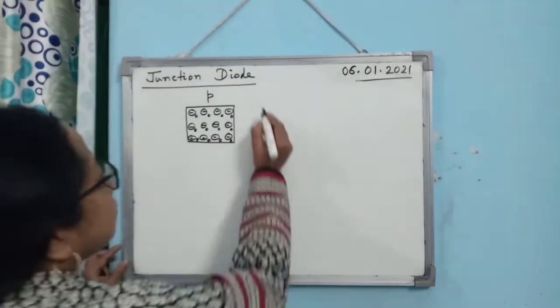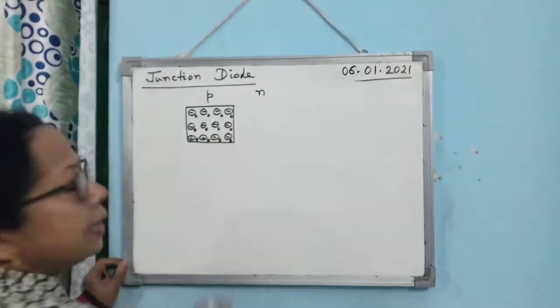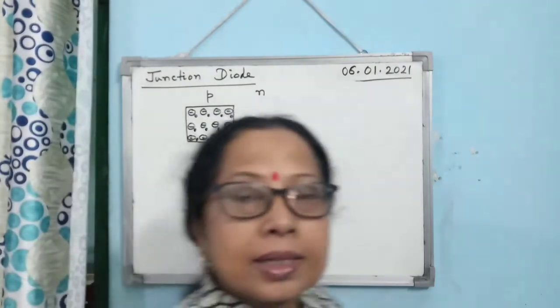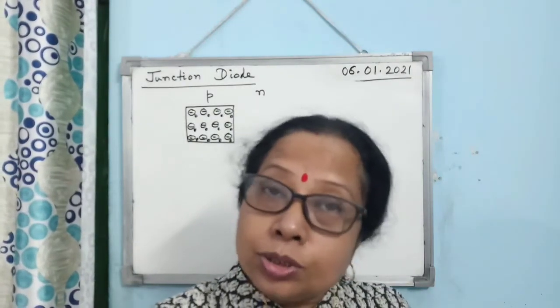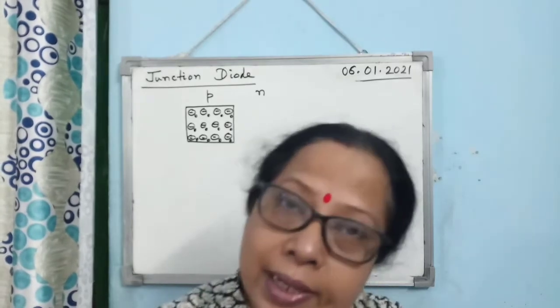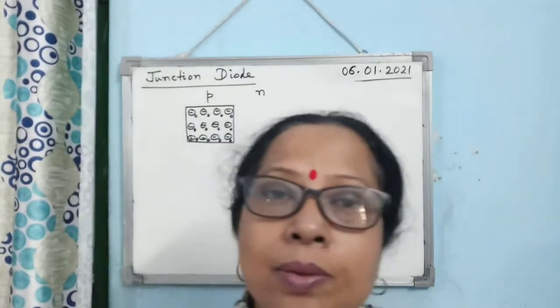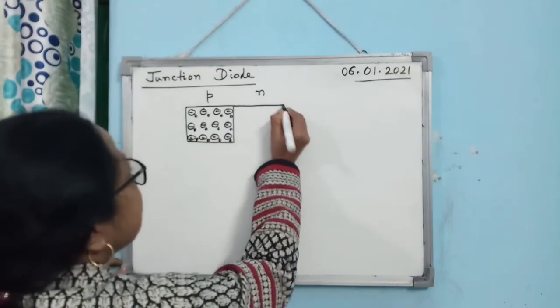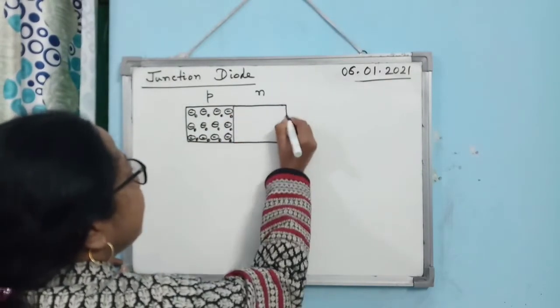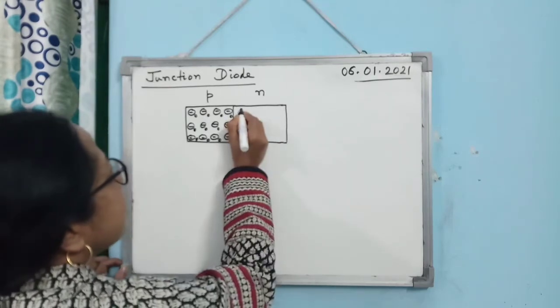Now, if you take an n-type semiconductor, means donor type, it donates one electron to the host atom. So when it is donating one electron, it itself becomes positively charged. So in an n-type semiconductor, what is there inside?